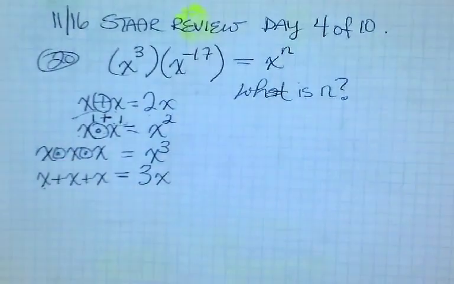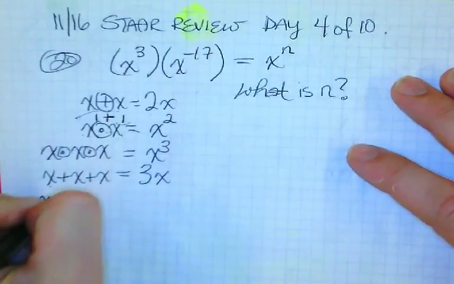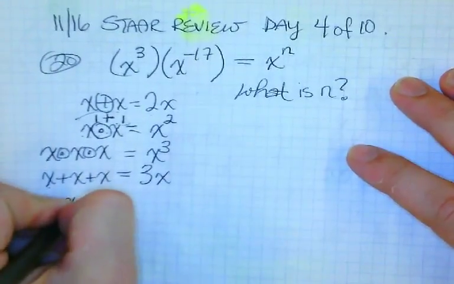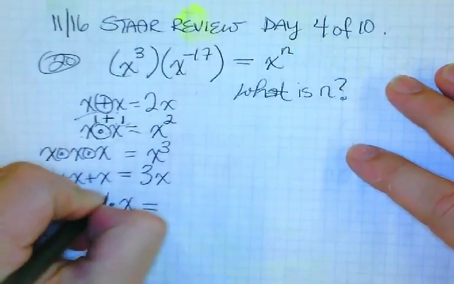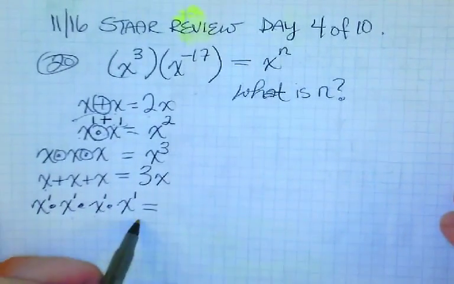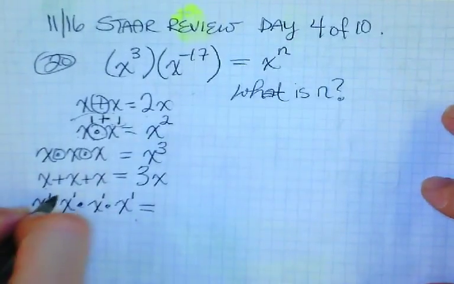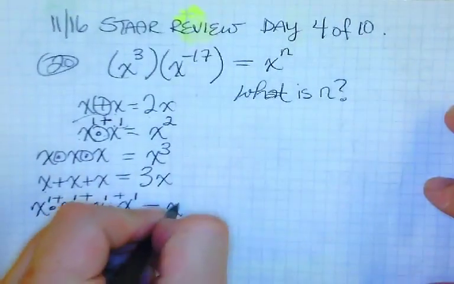Muy bien. So we're going to have x times x times x times x. All right, Javier, what do you think this one is? X times x times x times x. Perfect. That's exactly right. We have 1 plus 1 plus 1 plus 1, which is x to the 4th.